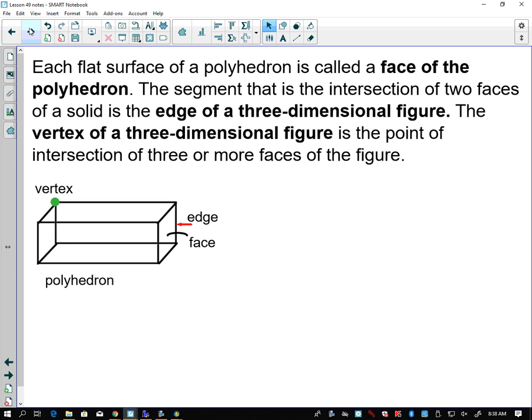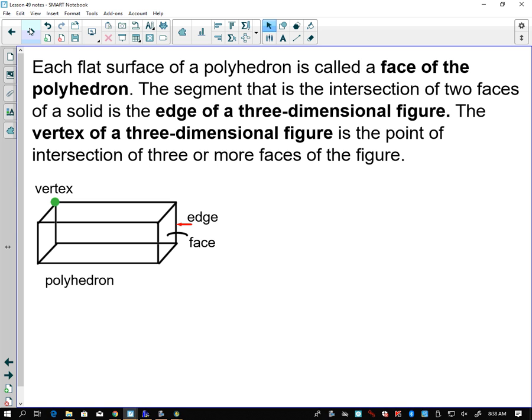So each flat surface of a polyhedron is called a face of the polyhedron. For instance, Michael's hexagonal prism: anything that's not the base, each of these sides, is called a face. So each polygon on the sides that connects the bases is called a face.